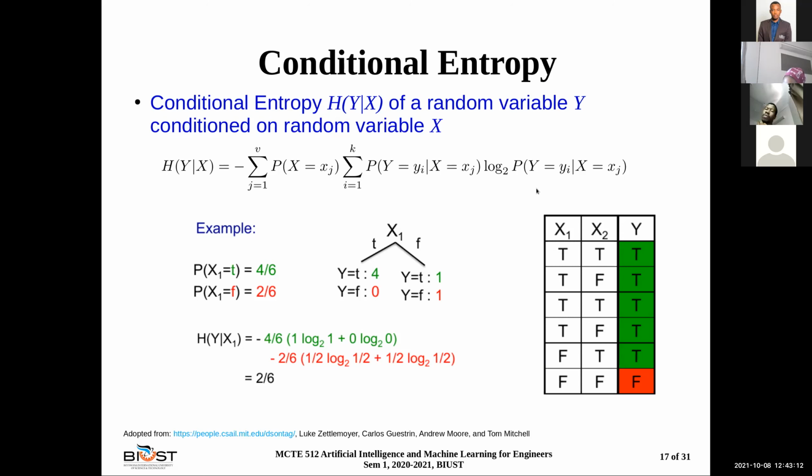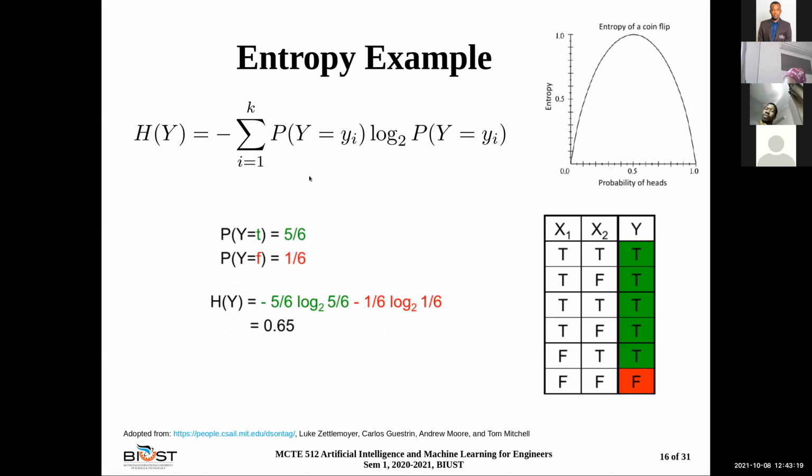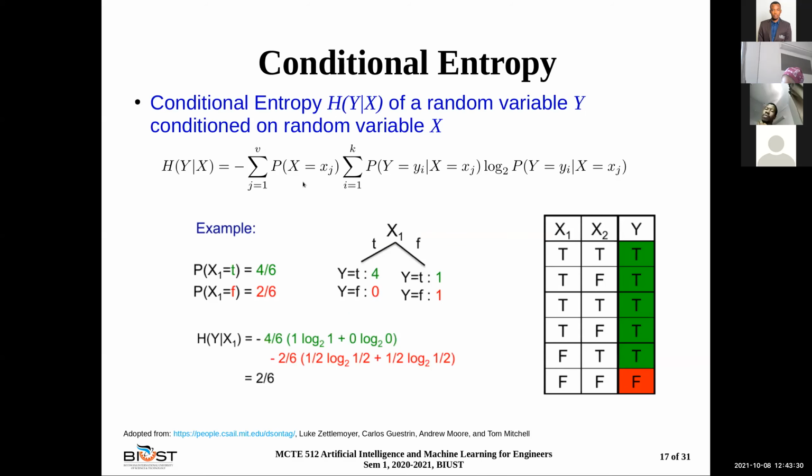We just follow this equation. What's the difference from the previous equation? In the previous equation, we only have the probability of a certain output Y, and then we sum everything up. But in this case, before we sum it up, we have another summation inside of it, which is the probability of that particular input.